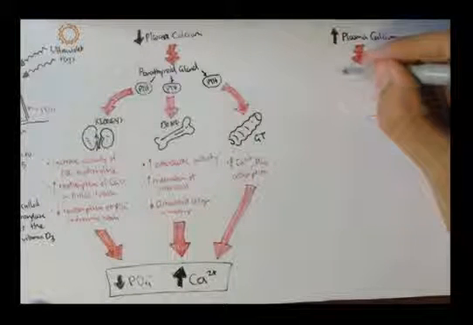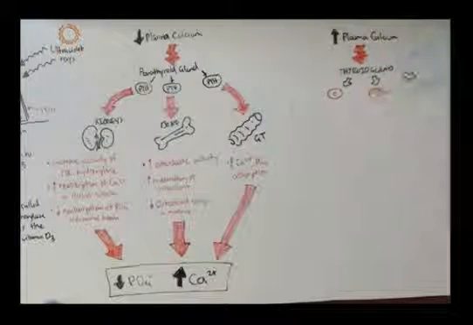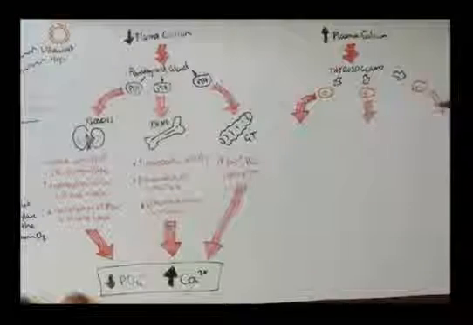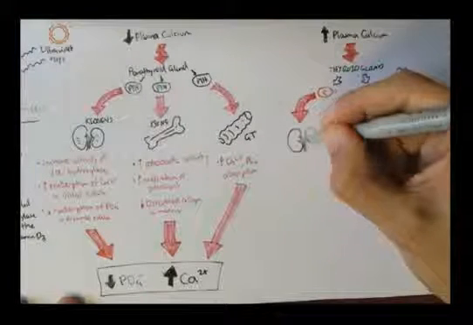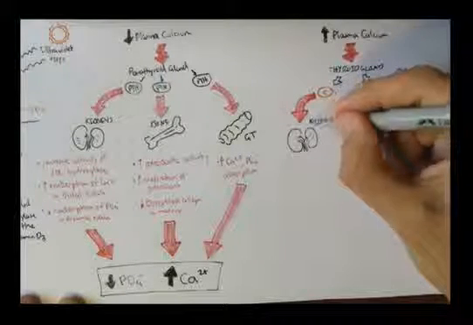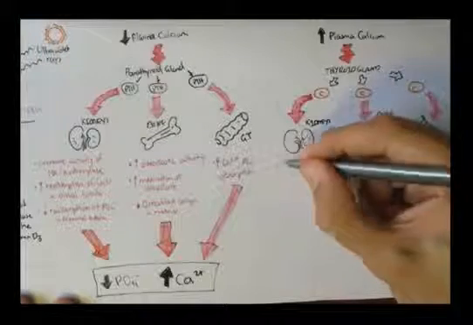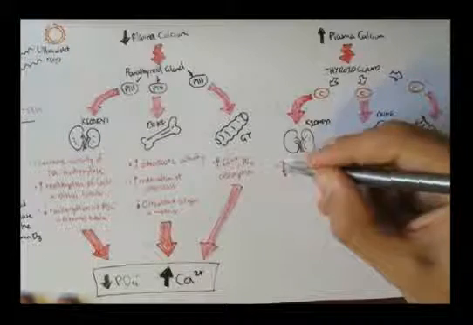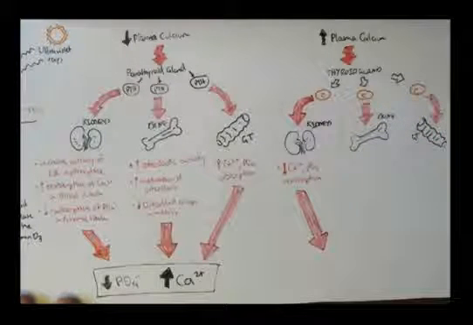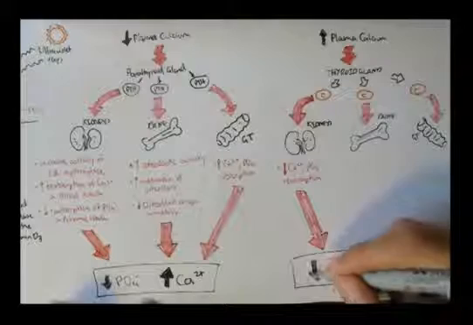If the body senses high amounts of plasma calcium, it will stimulate the thyroid gland to secrete calcitonin, which will then target the same areas: the kidneys, the bone, and the gastrointestinal tract. Calcitonin in the kidneys will cause it to decrease reabsorption of calcium and phosphate, which will basically result in a decrease in phosphate and calcium concentrations in the body.